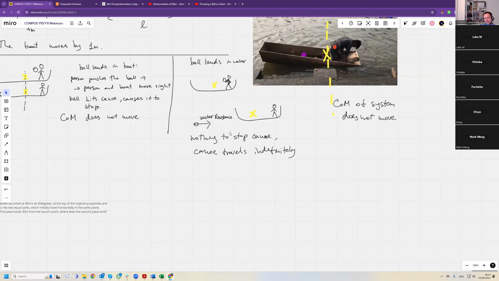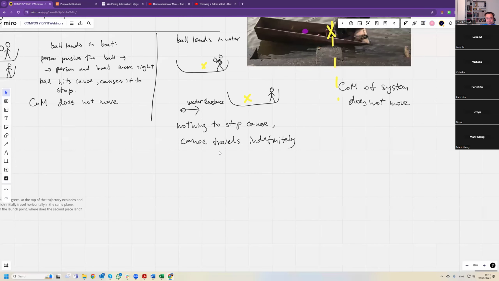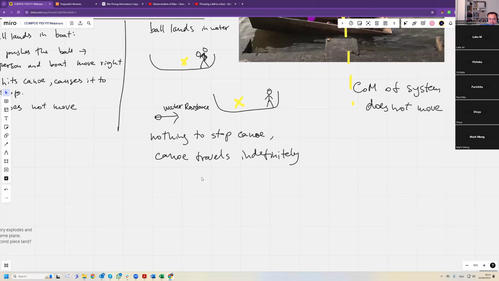And the position of the center of mass changes not because the water resistance is pushing you somehow. It's because the water resistance is preventing the ball from moving indefinitely. So the center of mass is changed.